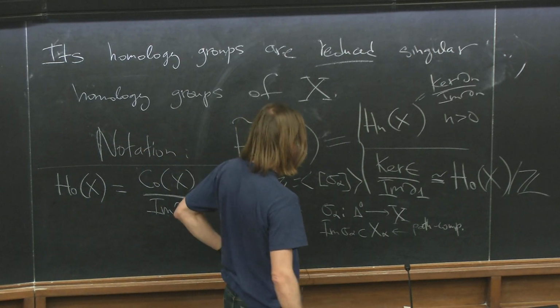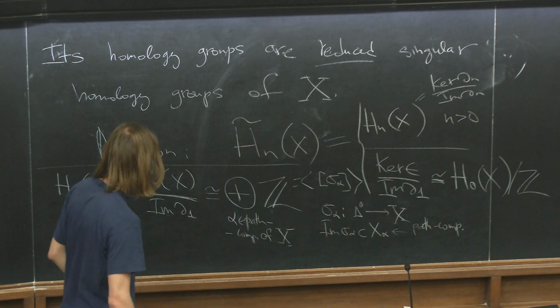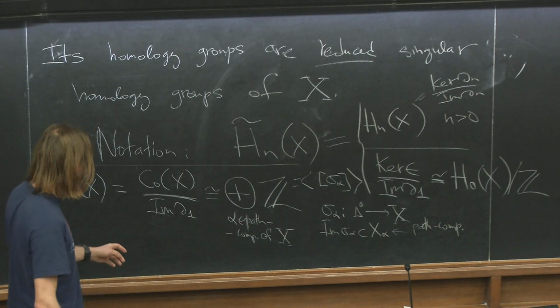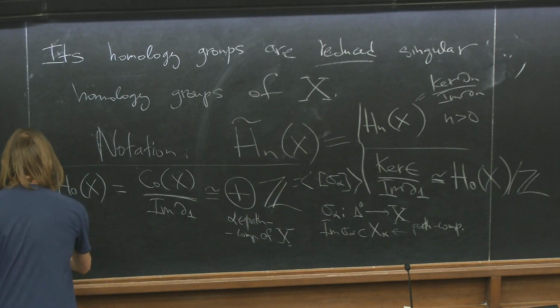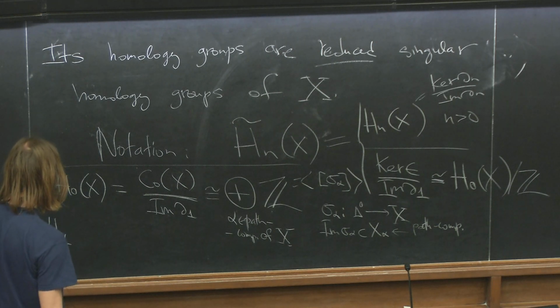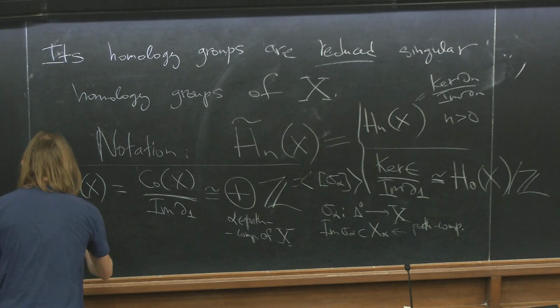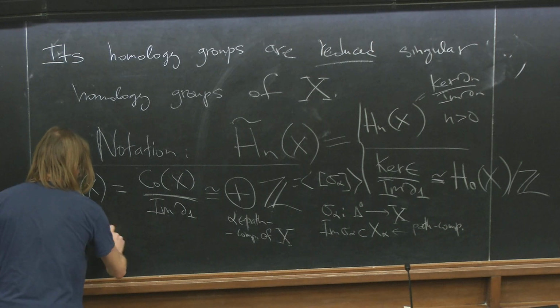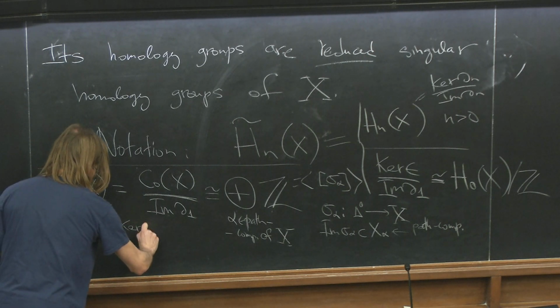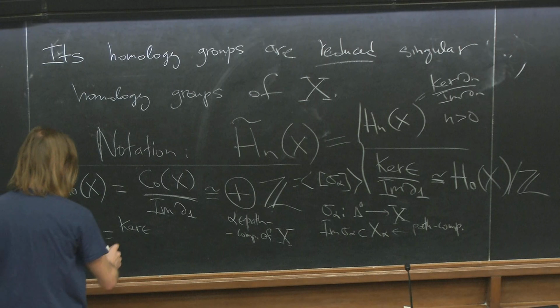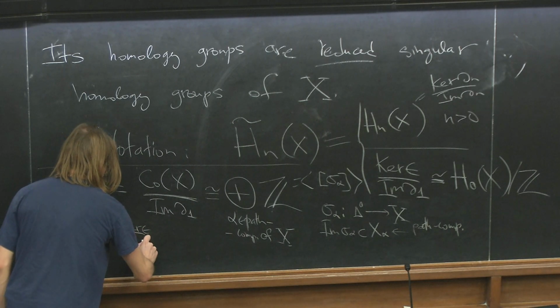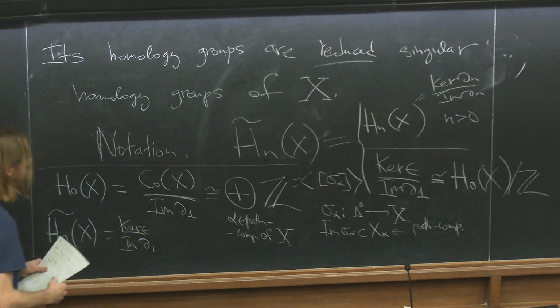And for H_0 tilde of X, instead we have a kernel of epsilon, which is a subgroup in this C_0 of X, divided by the same d_1.